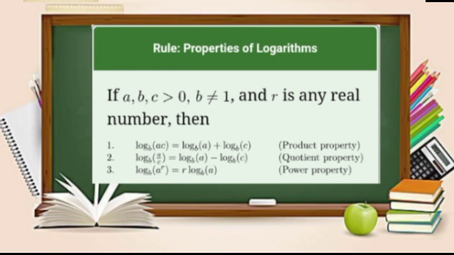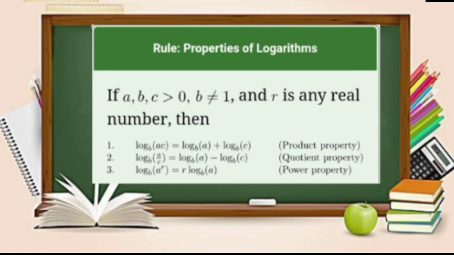Before solving some equations involving exponential and logarithmic functions, let's review the basic properties of logarithms. If a, b, c are greater than 0, b is not equal to 1, and r is any real number, then log_b (AC) equals log_b A plus log_b C. This is what we call the product property.